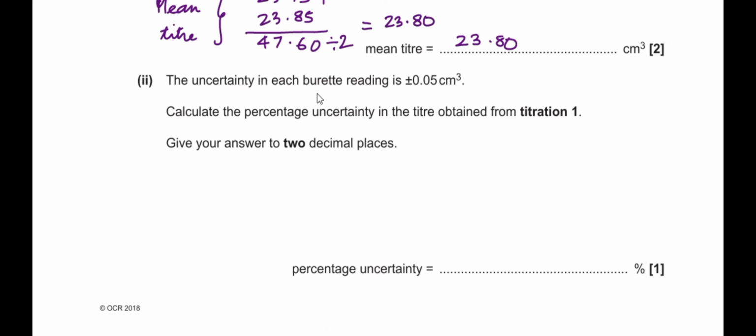The uncertainty in each burette reading is plus or minus 0.05 cubic centimeters. Calculate the percentage uncertainty in the titer obtained from titration 1. Give your answer to 2 decimal places.